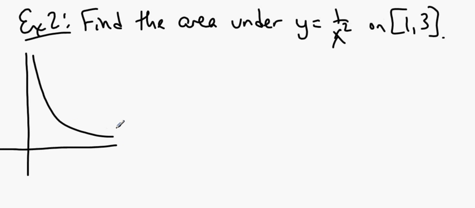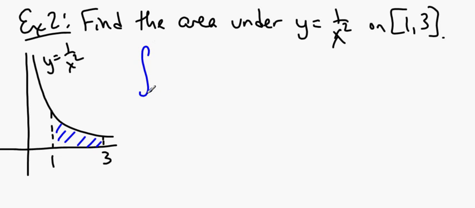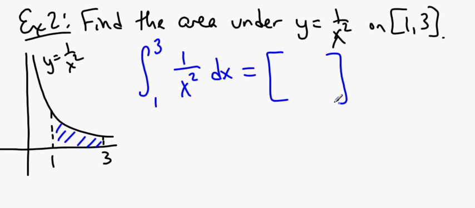So I've got some function, and there's 1, and there's 3, and this is the area I'm seeking. Again, as a definite integral, it is the integral from 1 to 3 of 1 over x squared dx. So if I had an antiderivative, I would evaluate it between 1 and 3 and be done.